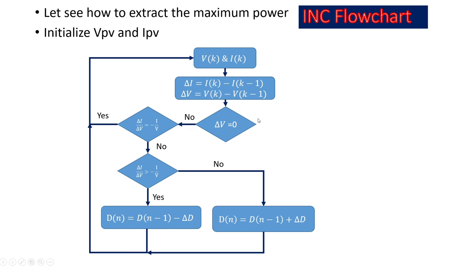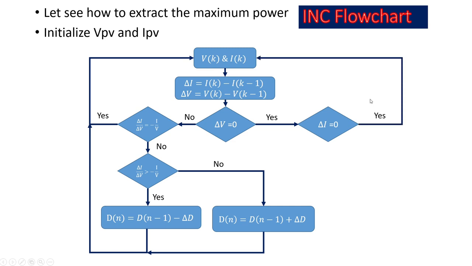Coming to the del V condition, the first decision making: when this condition is met, yes, then del I is also checked for equal to 0. If del V is equal to 0 and del I is equal to 0, that means dP divided by dV is equal to 0, and the final value is considered as V of k and I of k for that duty cycle.